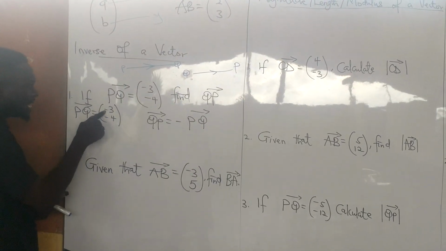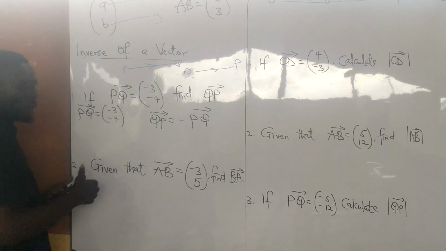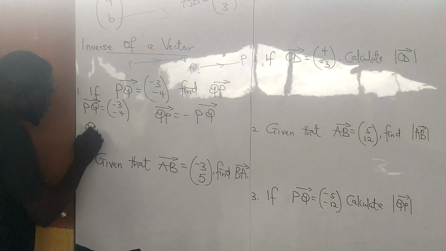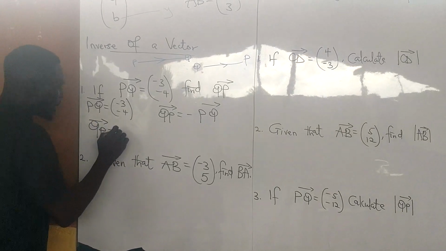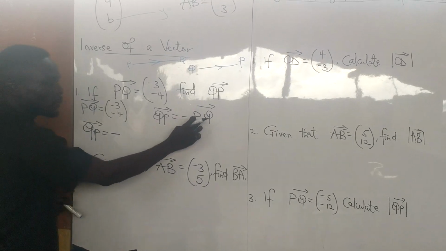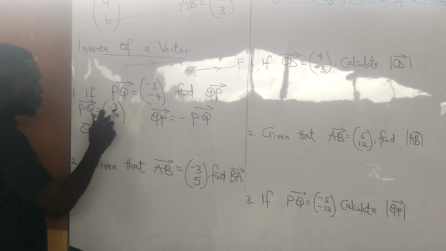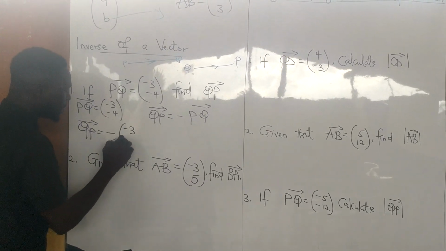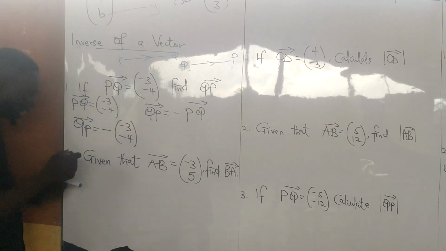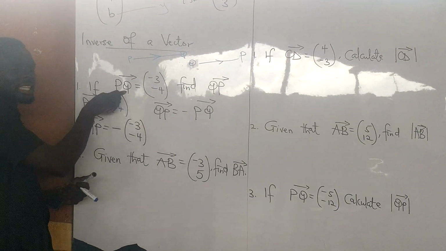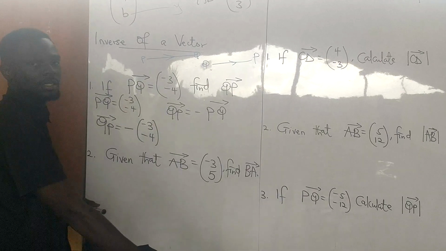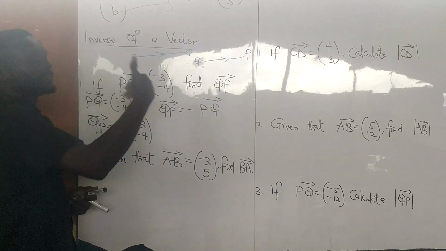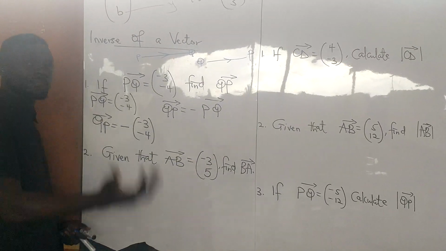The components are -3, -4. So the vector QP, which I'm to calculate, is negative times the components of vector PQ, which is (-3, -4). So the negative of this vector gives me its inverse. We call it negative vector or inverse vector.